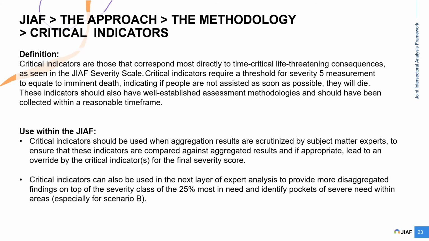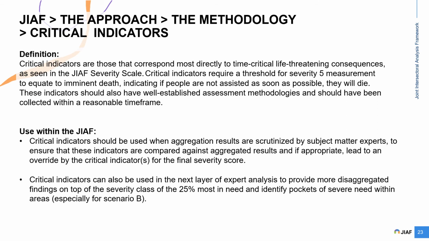Critical indicators are used in two ways by the JIAF. The first way is when the aggregation results are scrutinized by the subject matter experts to ensure that these indicators are compared against the aggregated results, and if necessary and appropriate, the critical indicators can lead to an override for the final severity score.